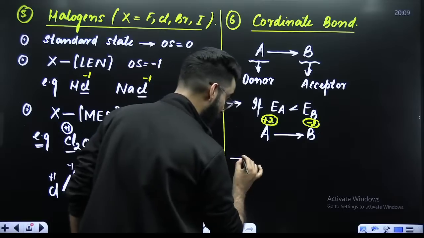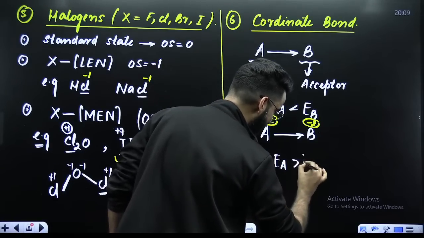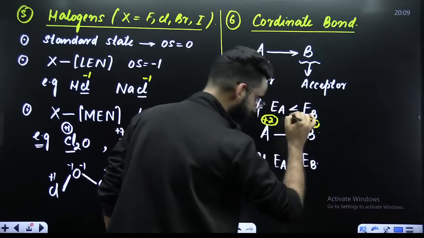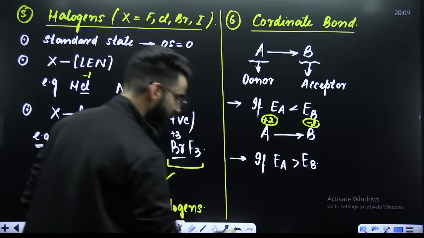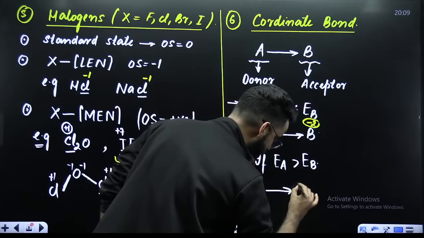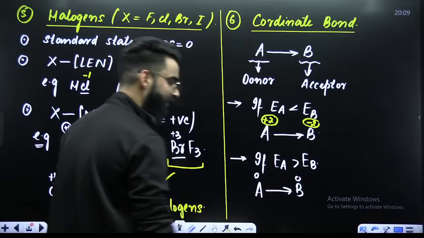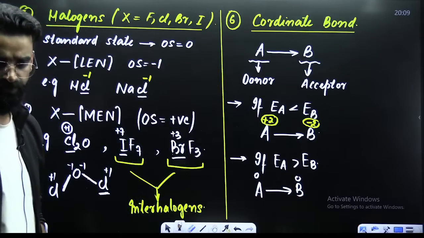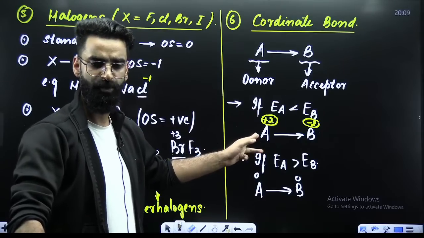Now, if the donor atom is more electronegative than the acceptor atom, what do we take in that case? In that case, we do not take any contribution of the coordinate bond. It will be 0 and 0. So remember these two things as well. Donor, if it is less electronegative, +2.